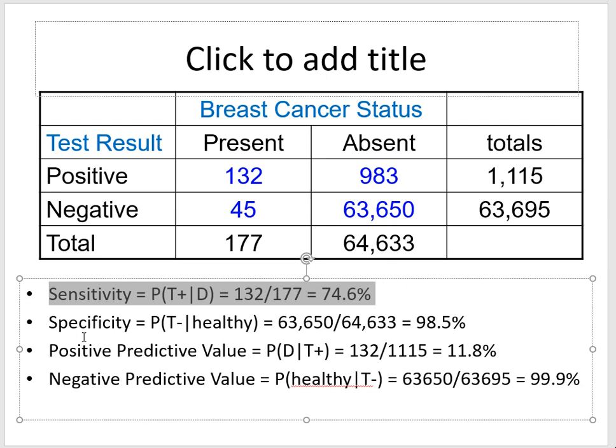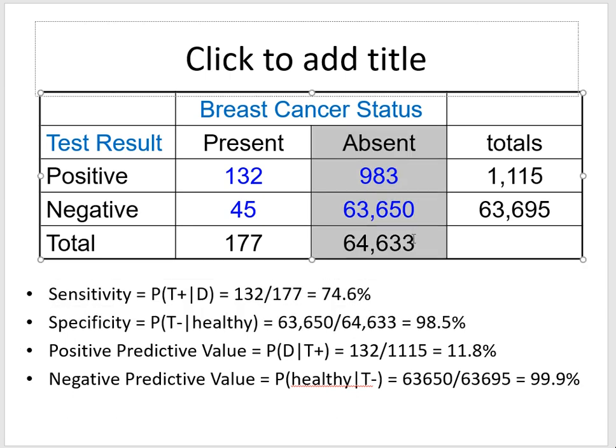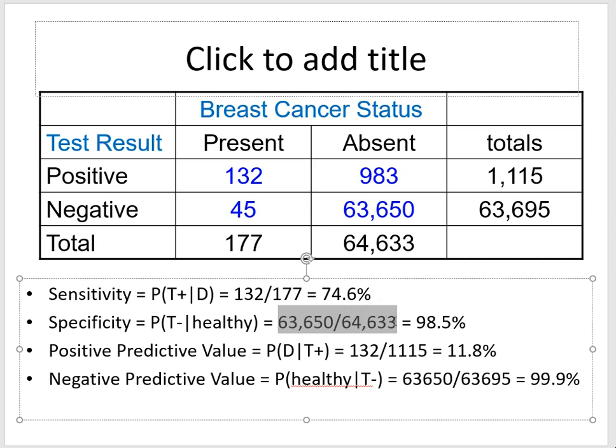Looking at specificity, you only look at those that are healthy. So you're going to look at the large number of women, the 64,633. And as you can tell, a big portion were tested negative. And therefore, you take the 63,650 divided by 64,633, and you get 98.5%.